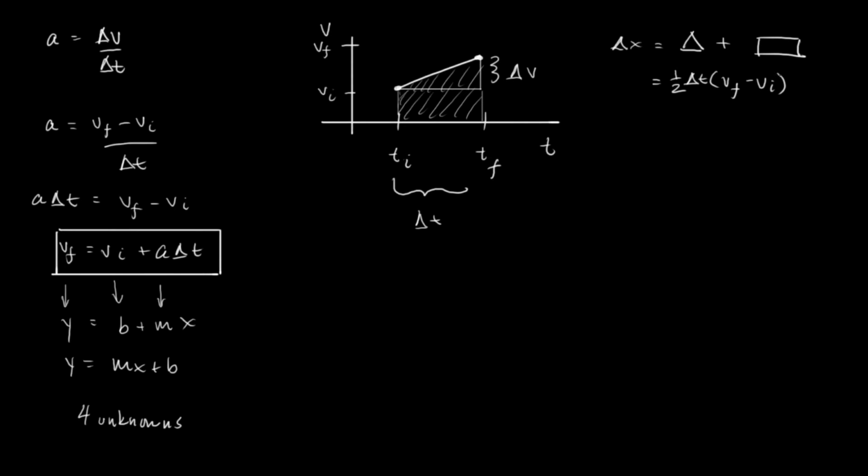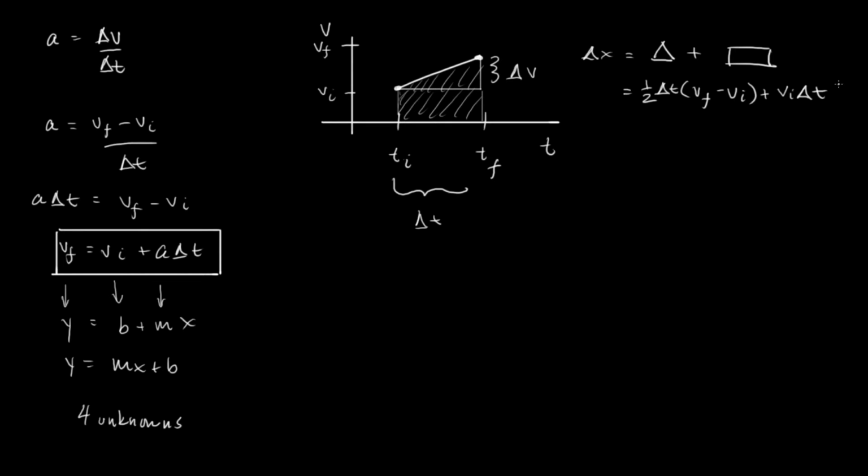And the area of the rectangle is going to be v sub i delta t, because the height is v sub i minus 0, which is v sub i, and the base is delta t, okay? We're going to add these. That's v sub i times delta t.